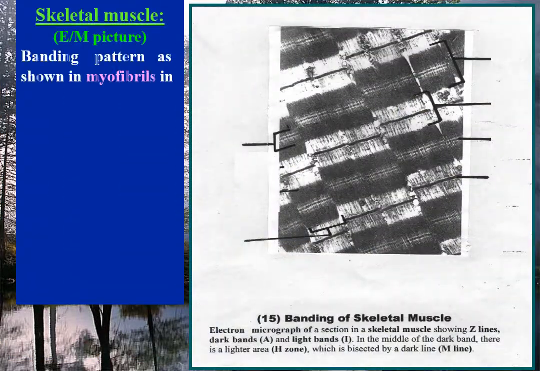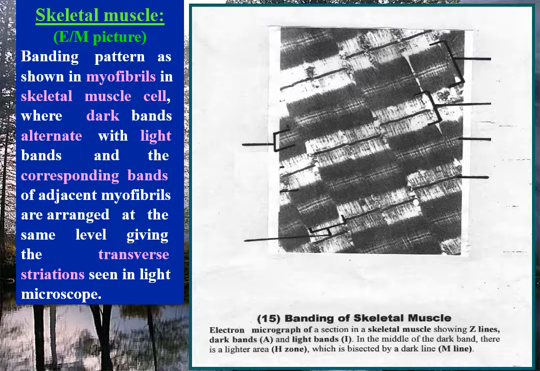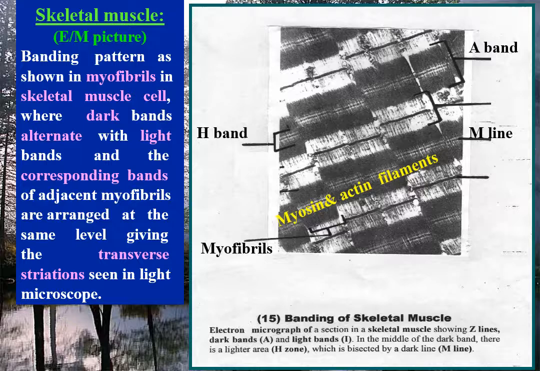Electron micrograph of a skeletal muscle fiber, showing the banding pattern in myofibrils, where the broad dark band A, formed of myosin and actin filaments, is seen with less dense central region H band, which is divided by a dark membrane M line.